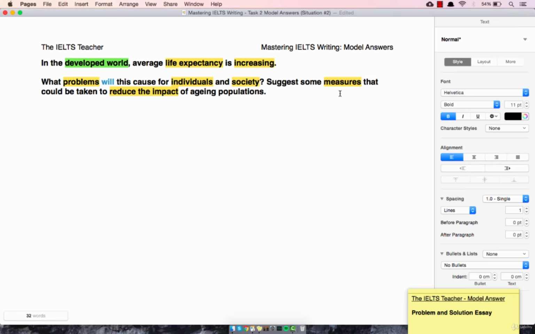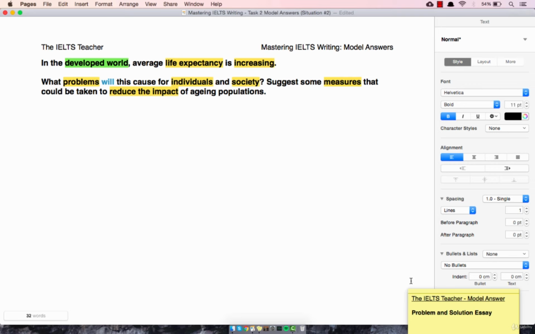We need to make sure that we are not discussing only the present, but we're really looking at this in terms of the future. Okay, so watch out for words like will when you are analyzing your task.